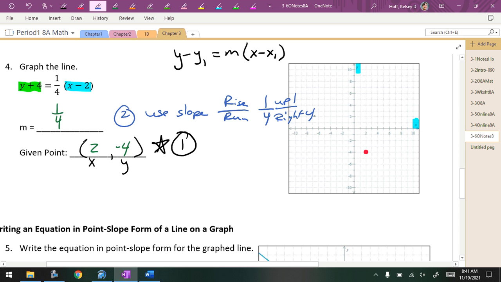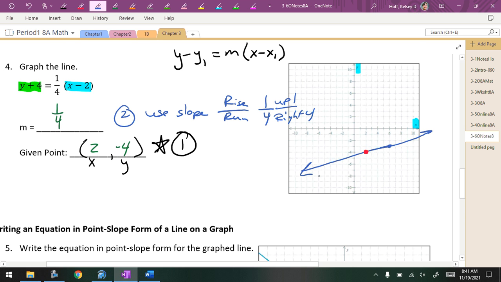Right 1, or sorry, up 1, right 4. So from this point right here, see my mouse? Up 1, 1, 2, 3, 4. Then you draw your line to connect them. The lines are hard to see. It's going to be easier on Alex to count.